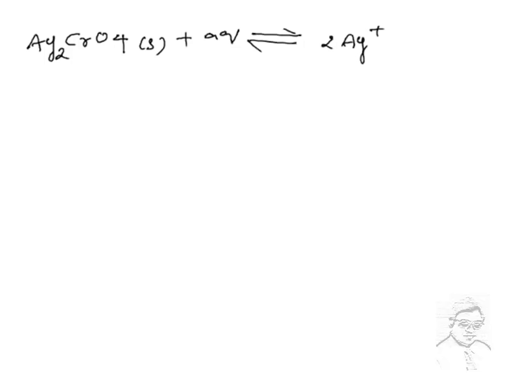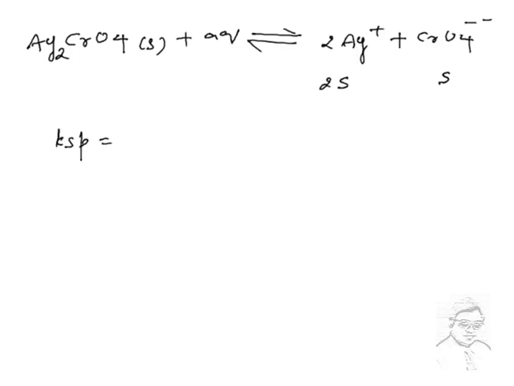So not 1:1, I can take this fellow, Ag2CrO4. So solid, aqueous, some part dissolves and that part ionizes. Twice Ag plus, and then we have CrO4 minus minus. Now here if S goes molarity wise, then 2S is formed, S is formed.